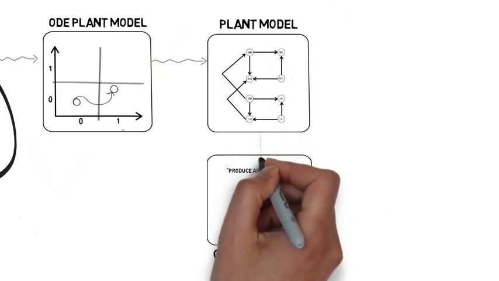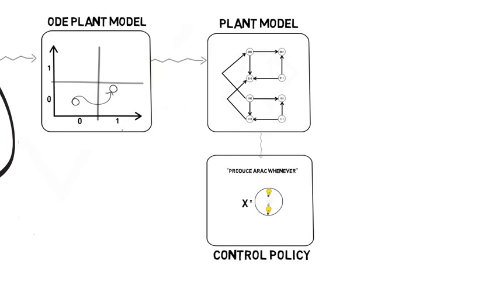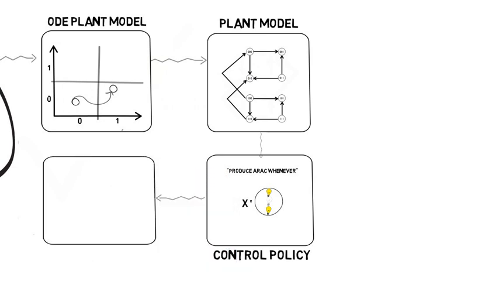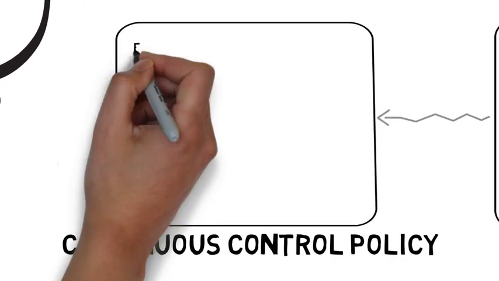With this finite automaton model in hand, we can compute the control policy exactly in the same way we did before. But now, instead of jumping to the realization of the control policy, we convert the logical control actions into continuous time equations, using the same reasoning adopted to model the behavior of gene networks, but now backwards.